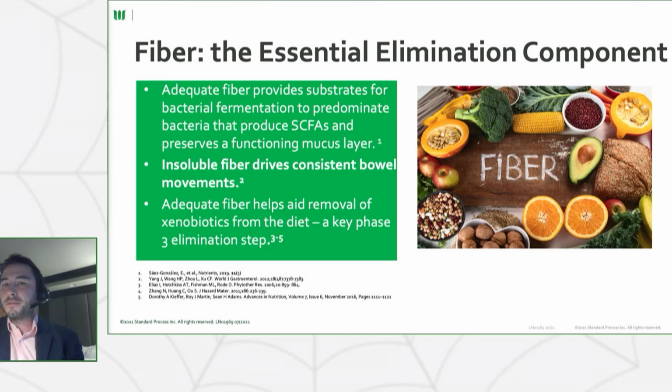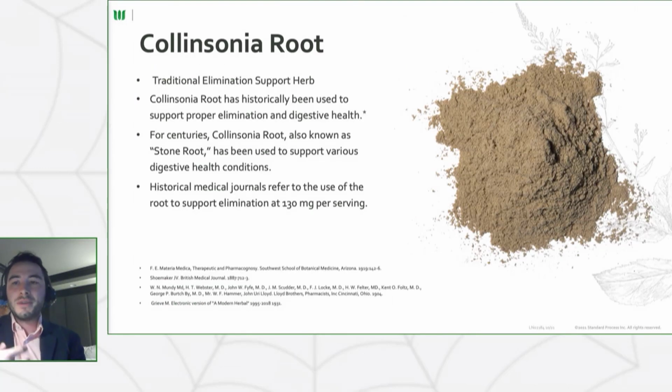They both serve different purposes, but fiber is important for the production of short chain fatty acids, also driving bowel movements. And what we've seen in studies that look at fiber as part of a detoxification of xenobiotics and removal of that from the body, in those clinical trials, the addition of fiber has been supportive of ensuring additional removal of those materials from the GI. So it's a very important component to make sure is being incorporated into any individual concerned about that sort of issue.